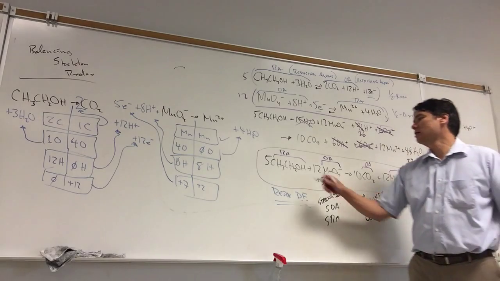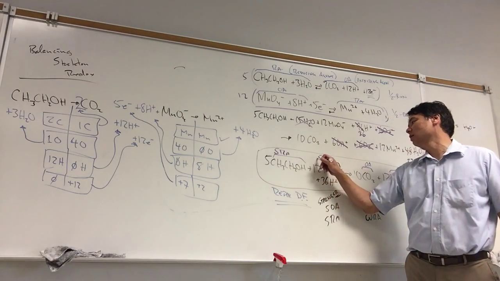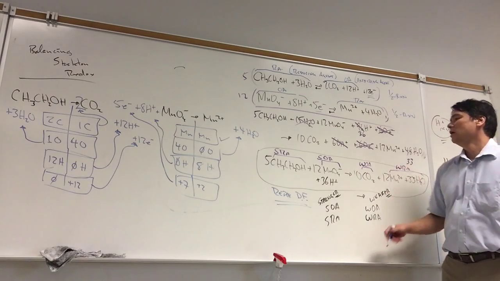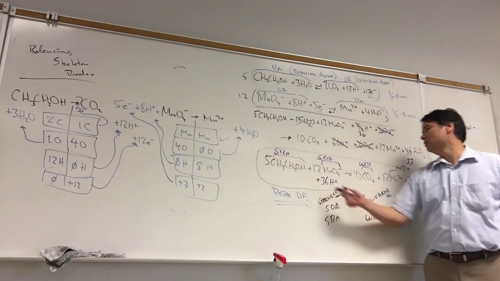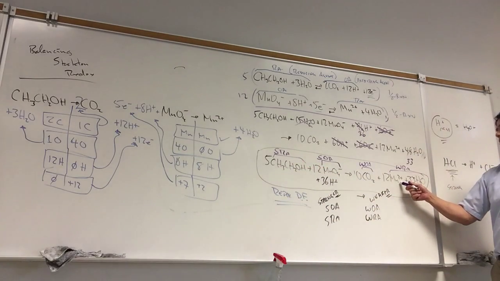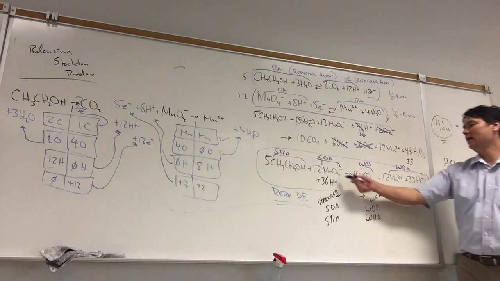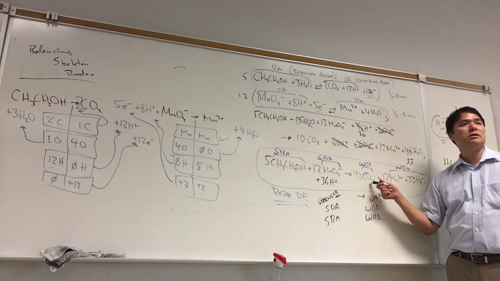This reaction occurs, so there must be a driving force. We're going from stronger to weaker. In other words, as far as reducing agents go, ethanol is a better reducing agent than manganese 2+ in water. Permanganate in acid is a stronger oxidizer than CO2.